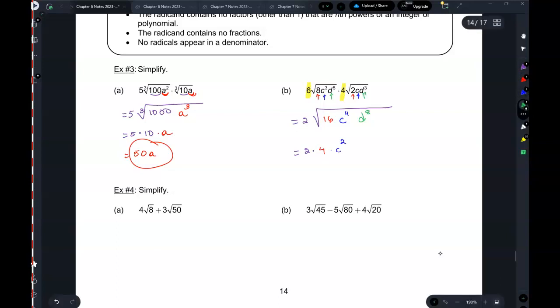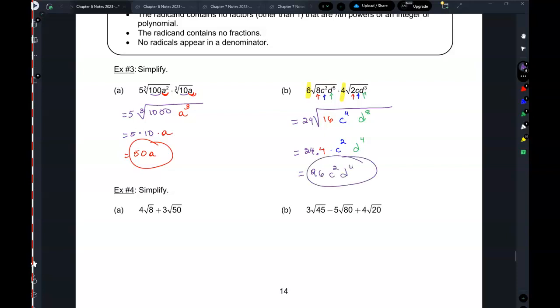And how many d's? 4. Okay, so I get 24 times 4, 96, c squared, d to the 4.